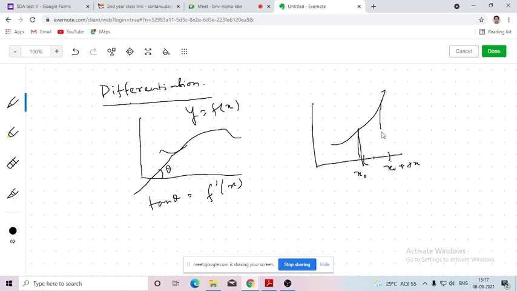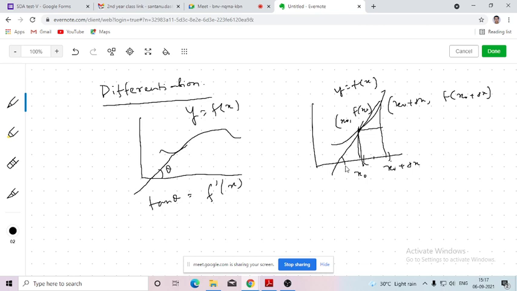The coordinate of this point on the curve y equals f(x) is (x0, f(x0)), and the coordinate of the other point is (x0 plus del x, f(x0 plus del x)). Then we join this chord.